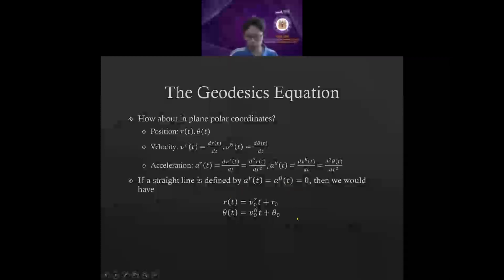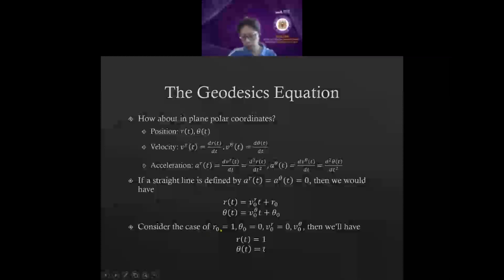We are led to these solutions where the V naughts and the r naught, theta naught indicate the initial velocity and the initial position. However, suppose we consider the case where the initial position is at r equals 1 and theta equals 0.